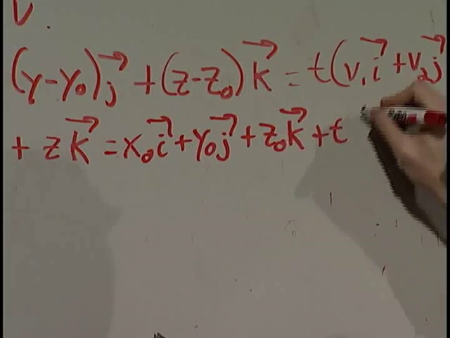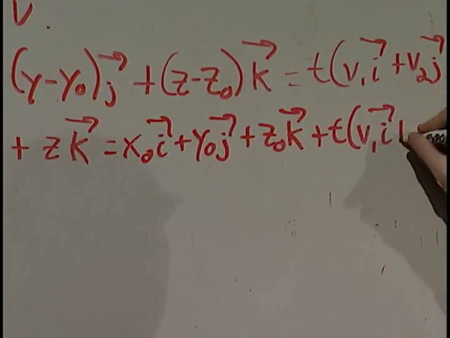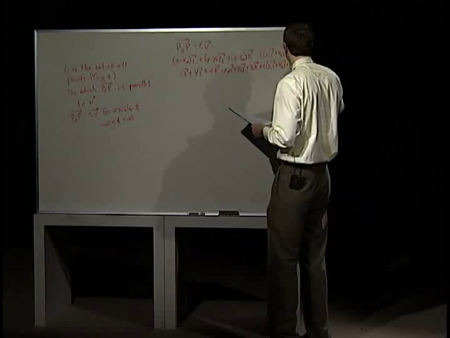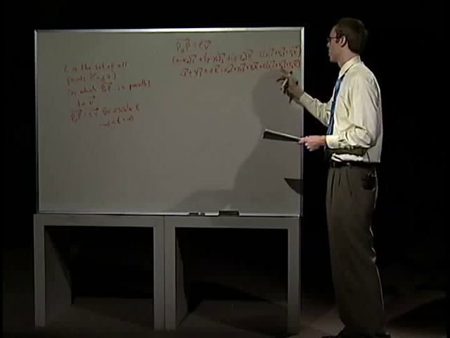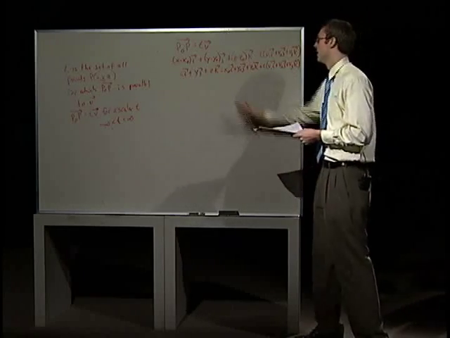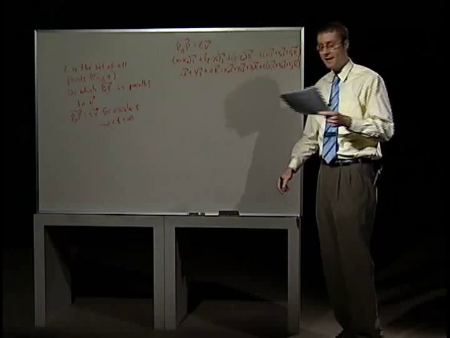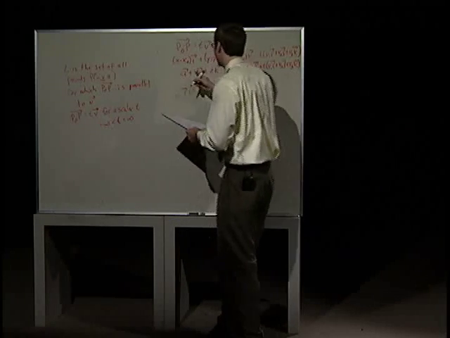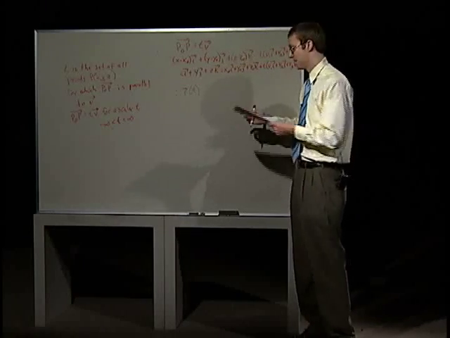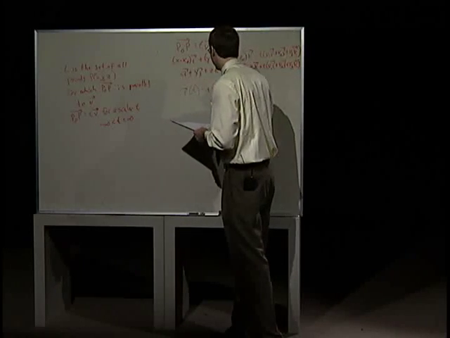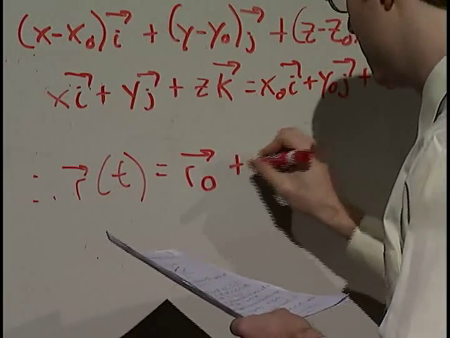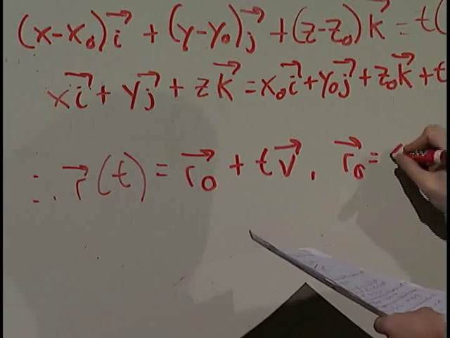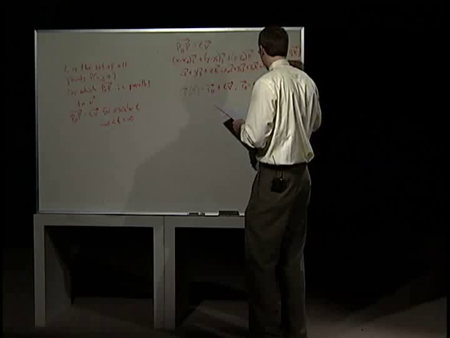And we still have all that stuff, so I'm just bringing down the stuff from above. So all of our known terms are over here on the right-hand side, and our unknowns are over here. And so what does that give us in the end? If we call this left-hand side r of t, something that depends on t, what we get is a vector equation where r0 is equal to the vector x0, y0, z0.